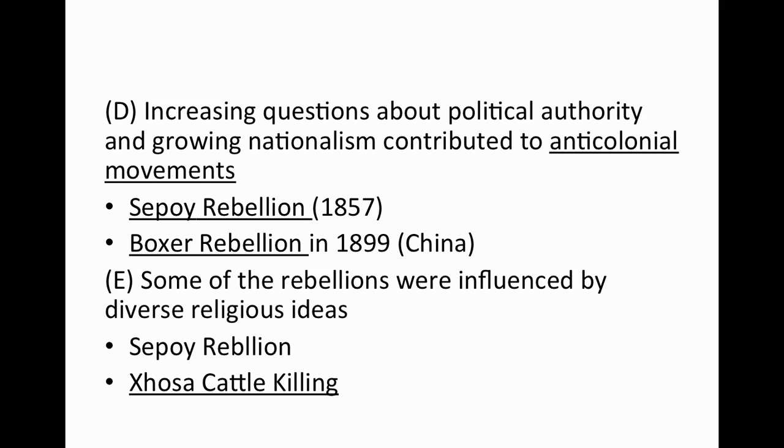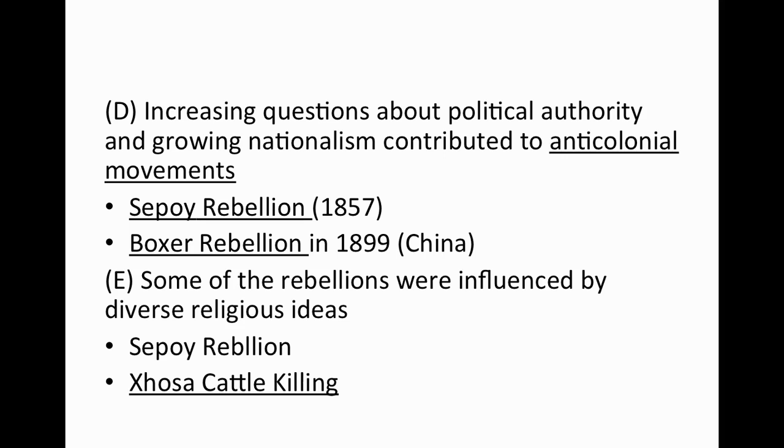In a sense, the American Revolution to me was an anti-colonial movement, as was the Creole Revolution too. But don't forget Asia, right? We would lump them into these anti-colonial movements as well. These just weren't very successful. Some of the rebellions were influenced by diverse religious ideas. So the Sepoy Rebellion, again, the Sepoys were frustrated that they believed the British were trying to convert them or undermine their Hinduism by forcing them to use bullets that were greased with livestock fat.